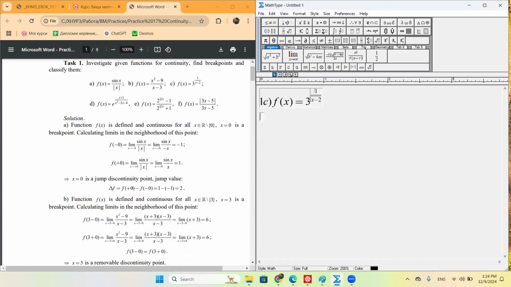Which point can be a discontinuity point? Two. Yes, x equals 2 is a discontinuity point.